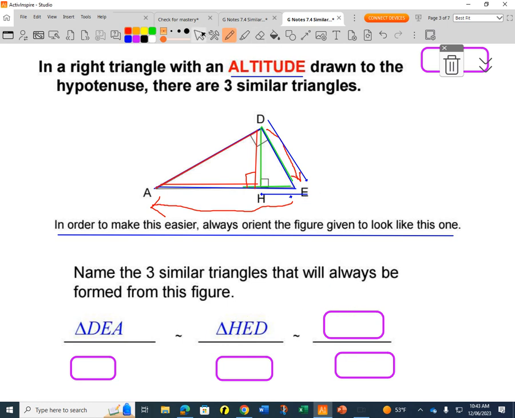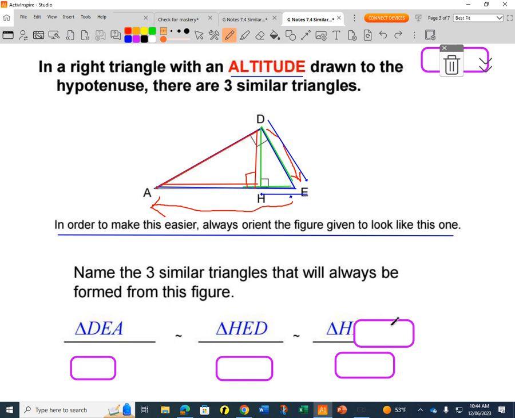What angle are we going to start with here? What do you think, Ethan? What's the letter we're going to put first? What'd you say? Yes, so H is the right angle on this triangle. It's the right angle in this little triangle, and it's the right angle there. So H.